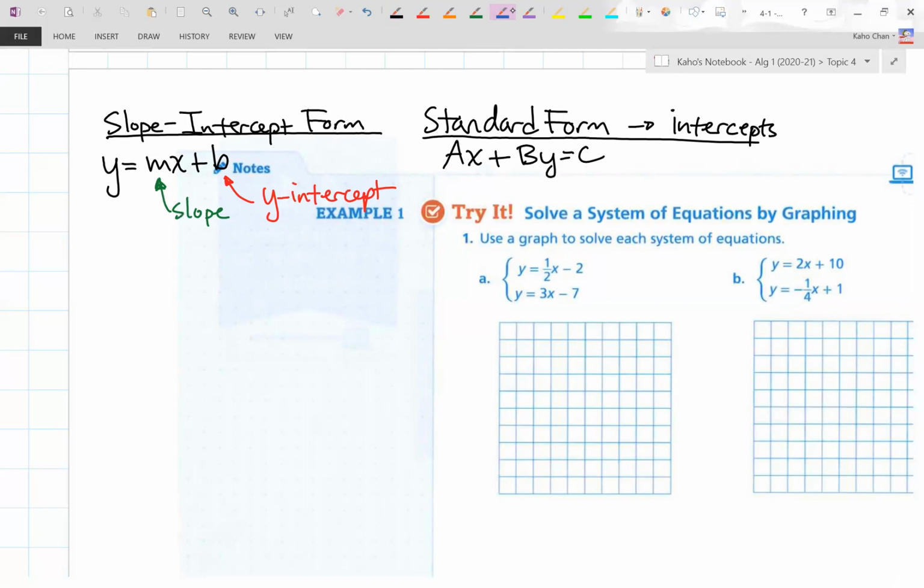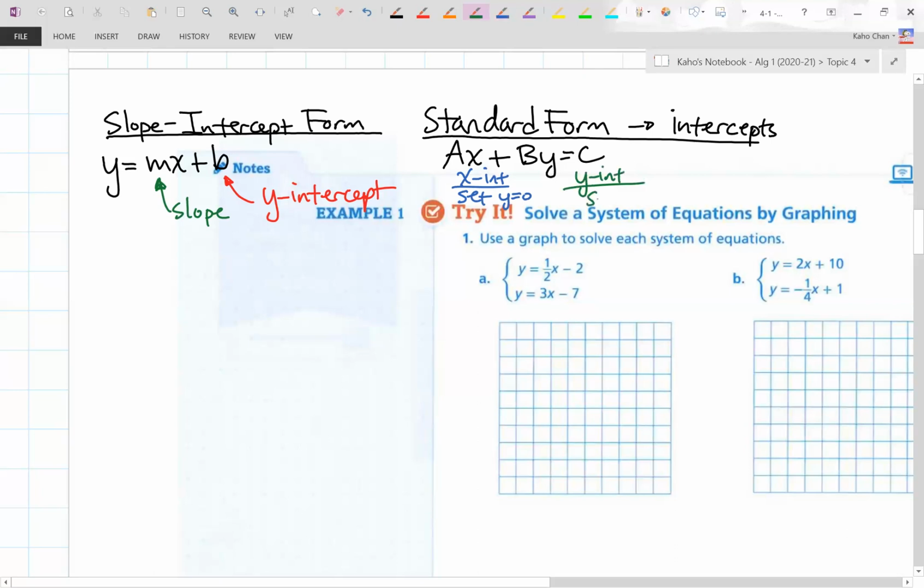The strategy is to find the x-intercept first by setting y equals 0. This is stuff we've already done before. And then connect it to the other intercept, the y-intercept, by setting x equal to 0. These are the two strategies we're going to be using today to graph a pair of lines.